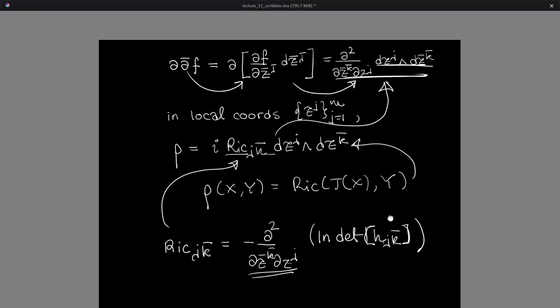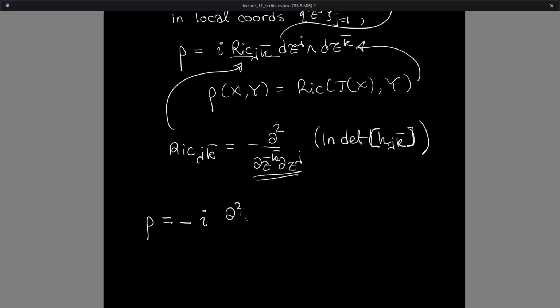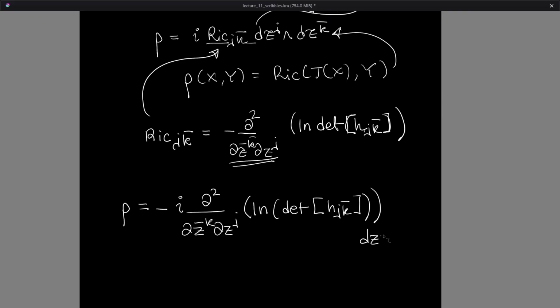So combining that, we get rho is equal to minus I partial squared partial z bar k partial zj of ln of det of hj k bar, and then we get dz j wedge dz bar k bar.